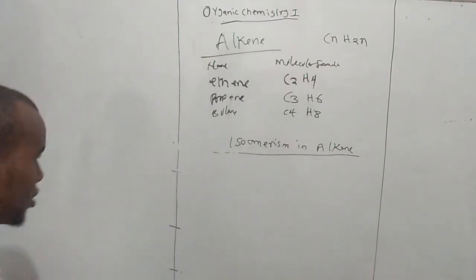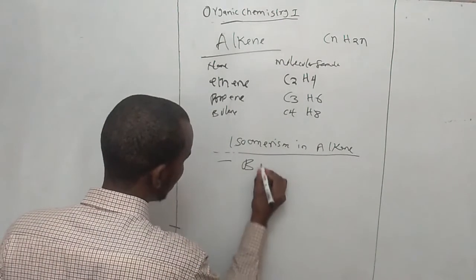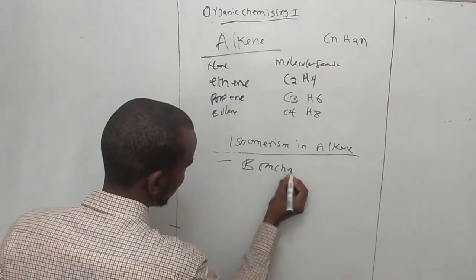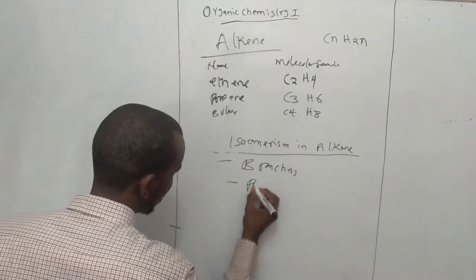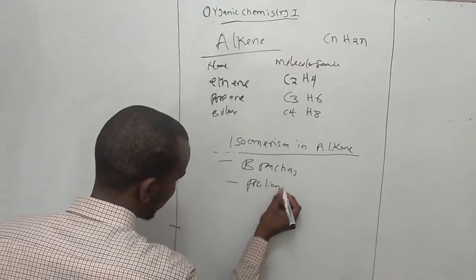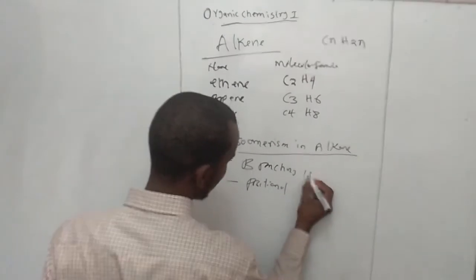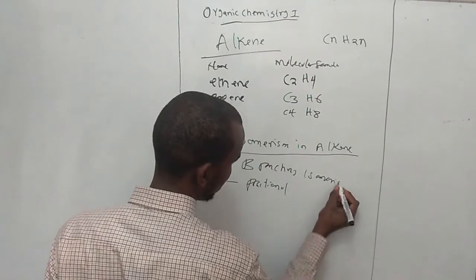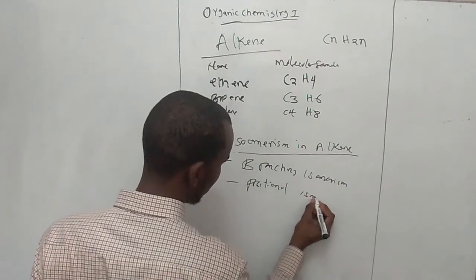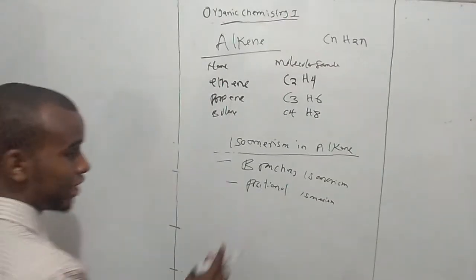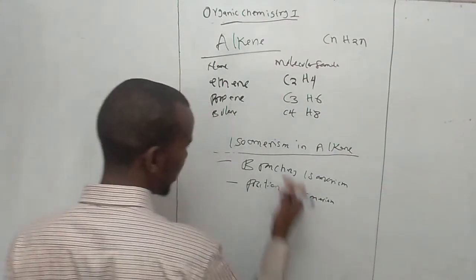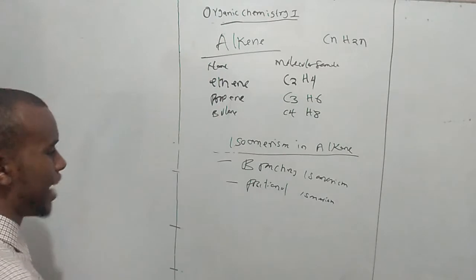We have the branching isomerism, and also we have the positional isomerism. Alkenes can only exhibit the branching and the positional isomerism.